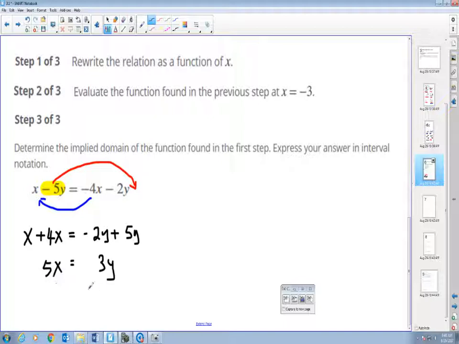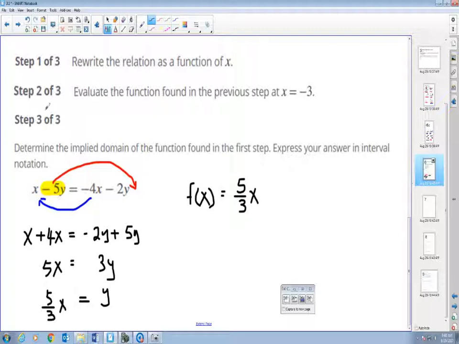To get y by itself, we would divide both sides by 3. So that would be 5 over 3x. This is a linear function. So my answer will be f of x, which is the y, equals 5/3 x.